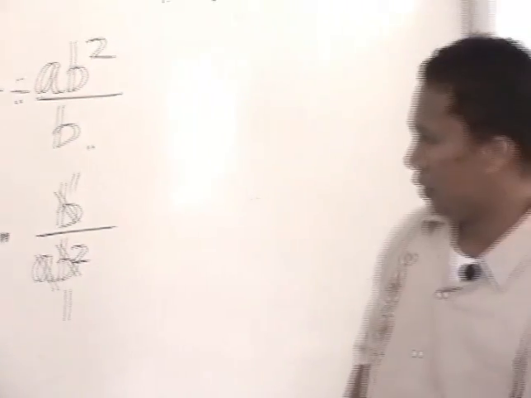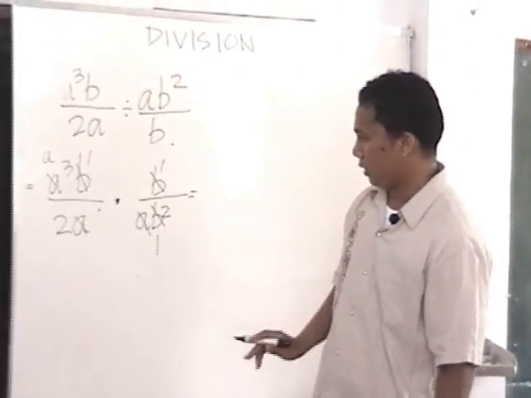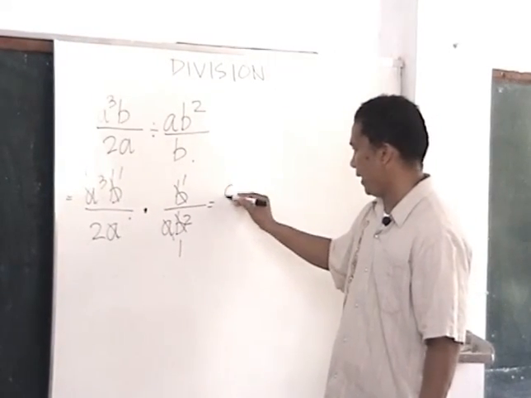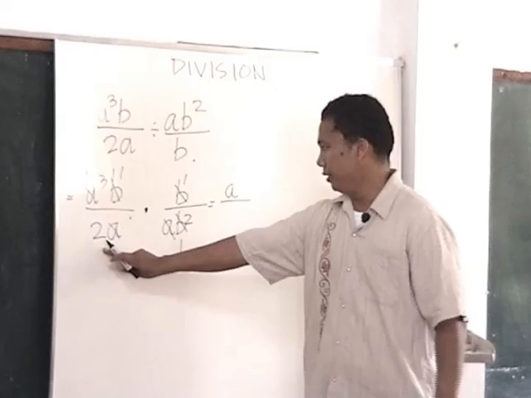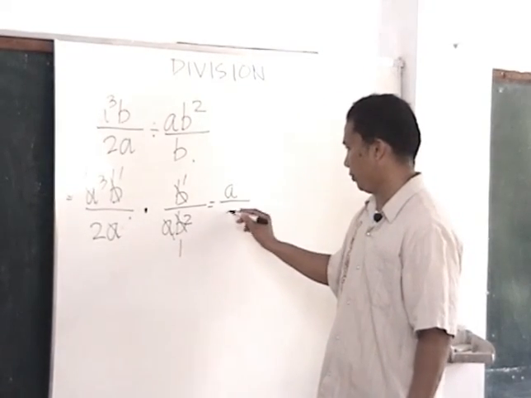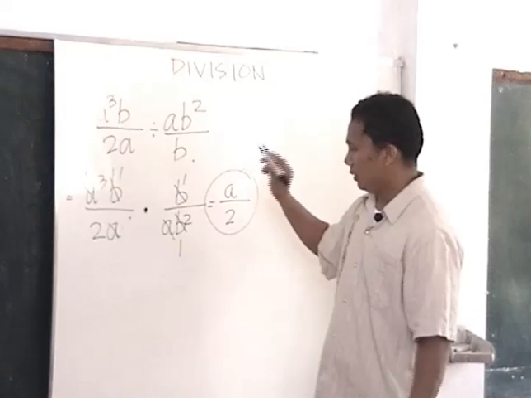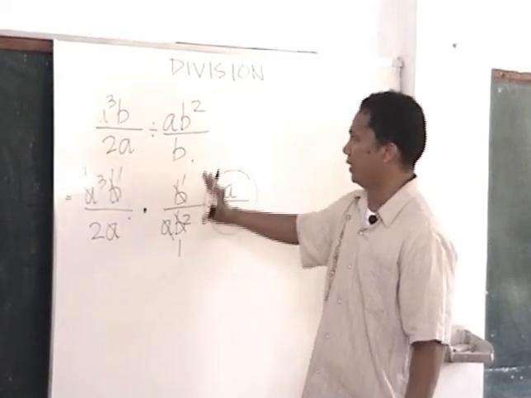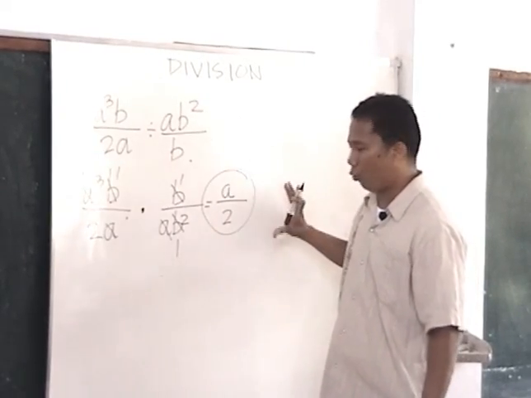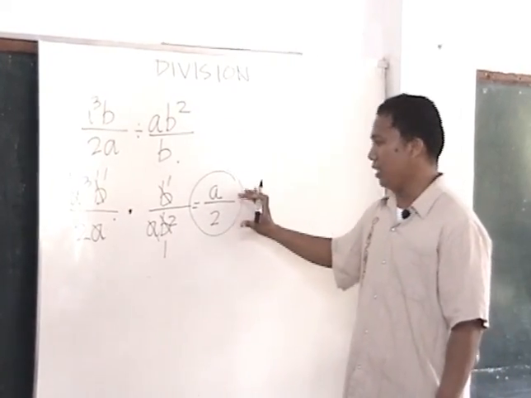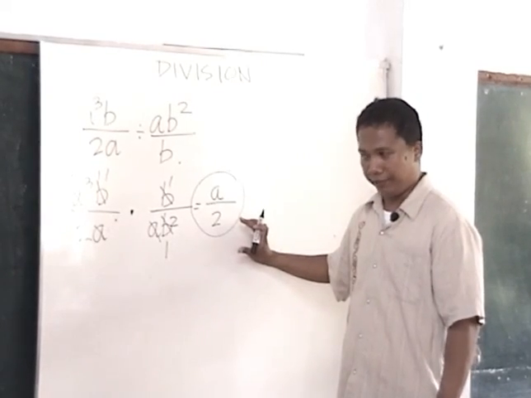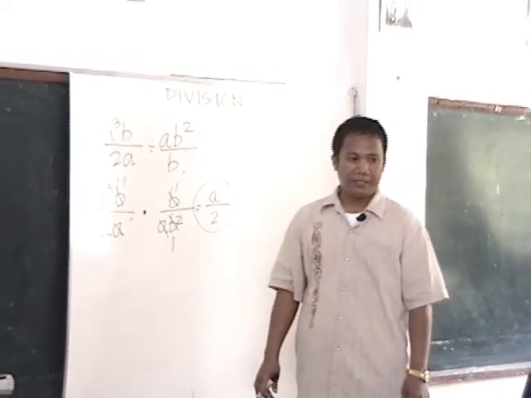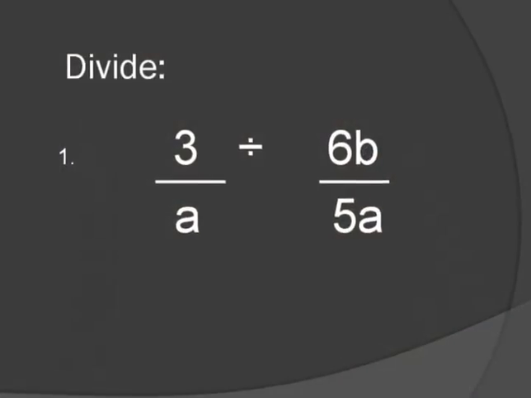So based from this, we multiply a times 1, which is equal to a, over 2 times 1, which is equal to 2. So we say that the quotient of a cubed b over 2a and ab squared over b is equal to a over 2.